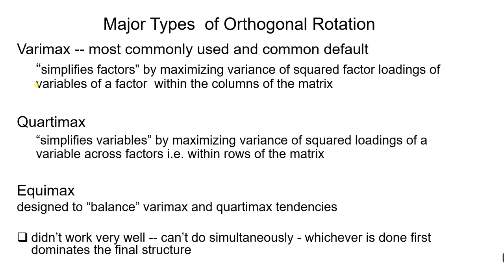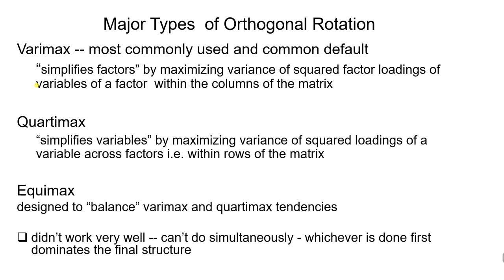On the other hand, the Quartimax method also attempts to get a simple structure, but it tries to maximize the variance in the loadings of a variable across factors. So the row variance is maximized. If one variable has high loading on, say, factor 1, it will have lower loading on the other factors.